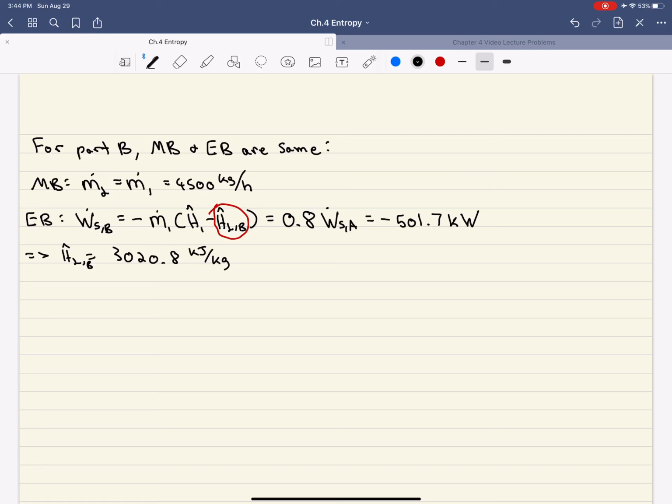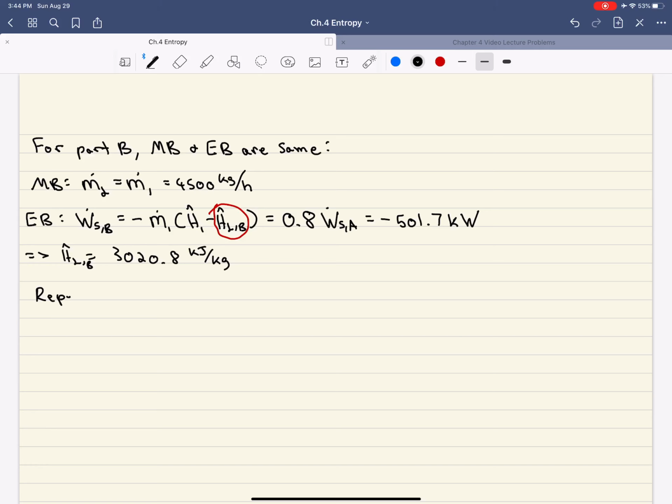Now that we have the enthalpy, in order to figure out the temperature, and eventually the entropy of the outlet stream for part B, we can take the same steam table approach that we used in part A. Except this time we're going to start with the enthalpy rather than the entropy.